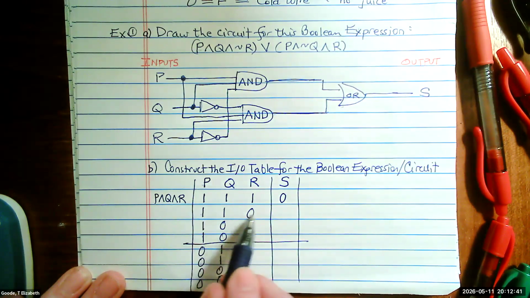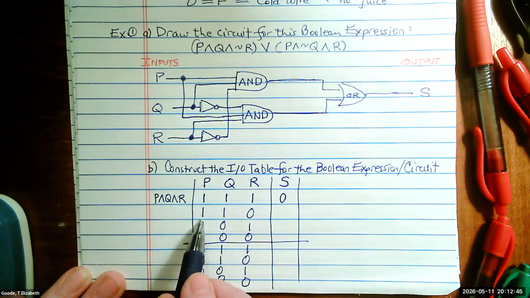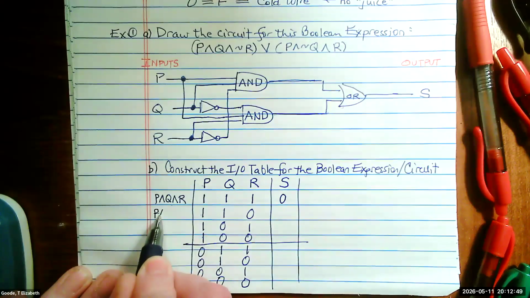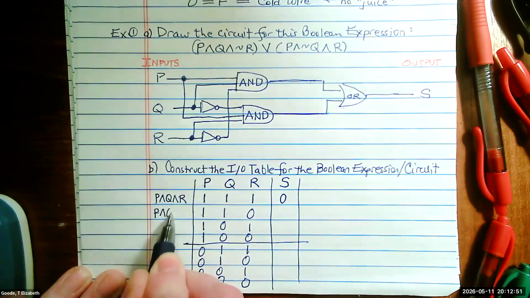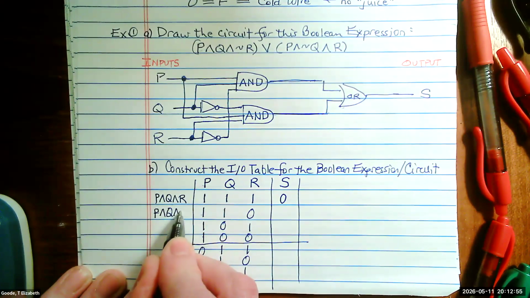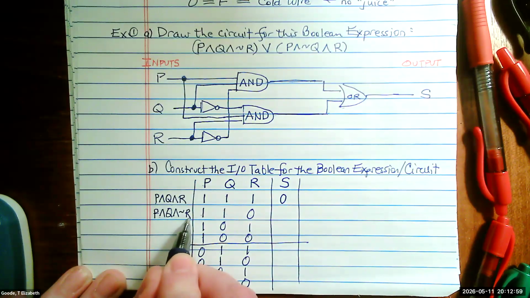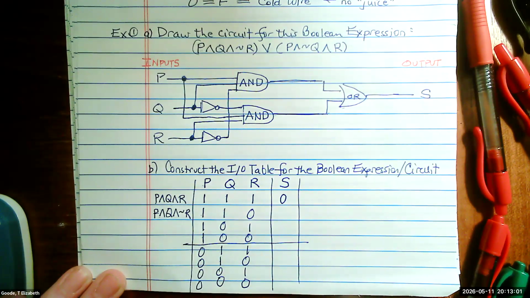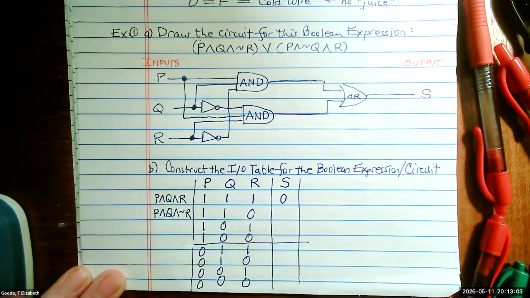Can you tell me what the Boolean expression is for the second row? P, Q, not R. Yeah, it's P because it's hot, and Q because Q is hot, and well, R is cold, but that means not R is what's hot. We always write what's true or what's hot to label the input.